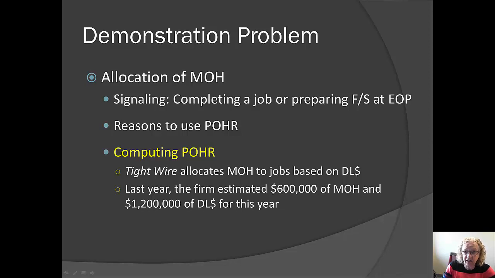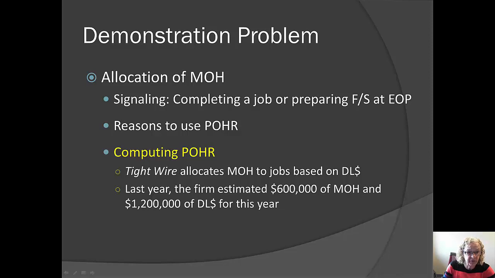Tightwire has decided, for whatever reason, to allocate its overhead costs based on direct labor dollars, DL$. That means that the firm will assign more overhead costs to jobs that use more labor dollars.